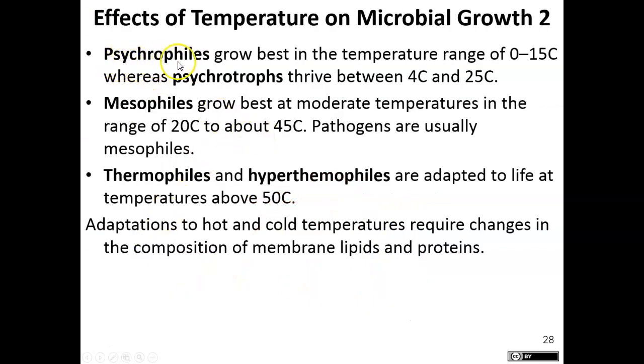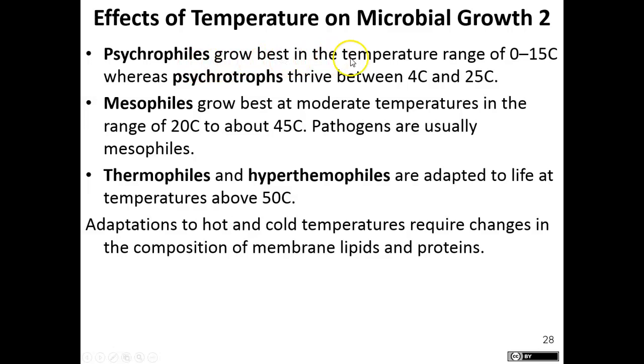So again, psychrophiles grow best at low temperatures, so 0 to 15 degrees Celsius. 20 degrees Celsius is about room temperature. So this would be a cold environment, but something that you could still survive in. Whereas psychrotrophs thrive between 4 degrees and 25 degrees Celsius, so slightly warmer in both cases.